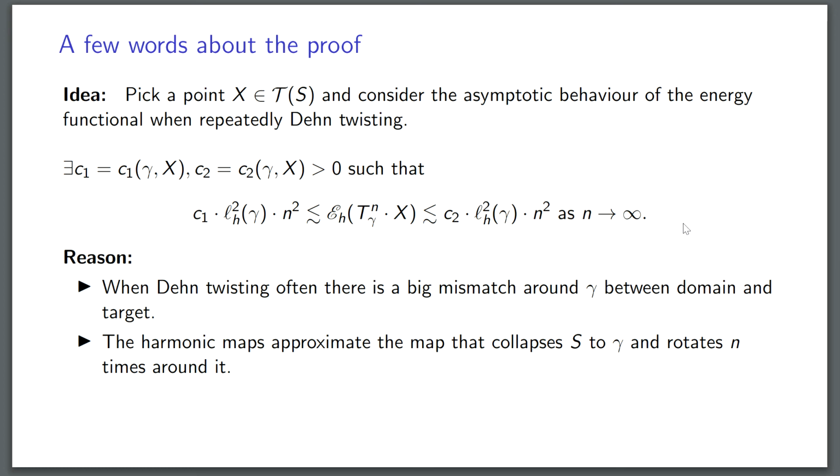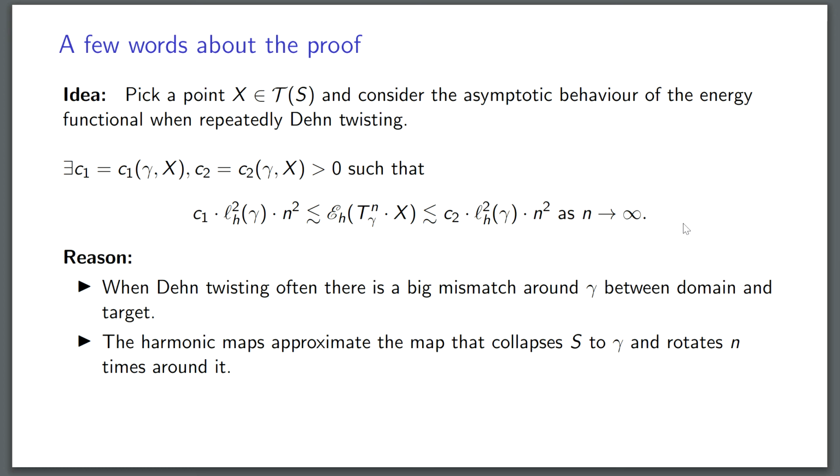And in order to minimize the energy as best as they can, what they do is they try to map as big a part of the domain surface into the collar neighborhood around the simple closed curve gamma.